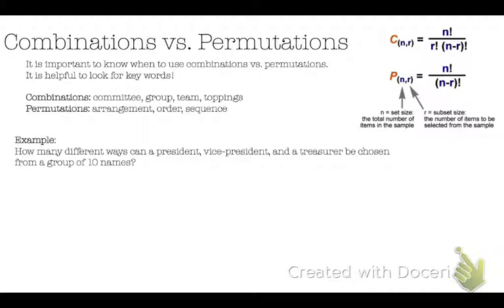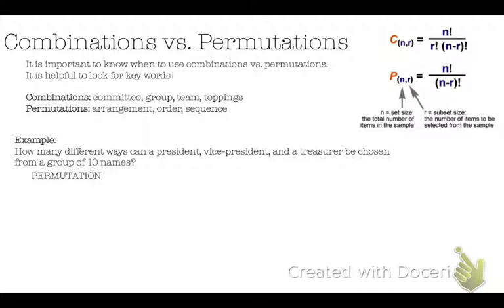Let's do this one. How many different ways can a president, vice president, and a treasurer be chosen from 10 names? This one is a permutation because we care about order. There's a president, there's a vice president, and there's a treasurer. If you get chosen to be president and we didn't care about order, then that means that you're also the treasurer and it gets all messy.